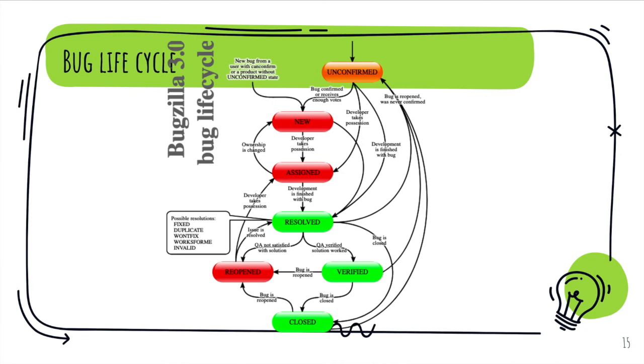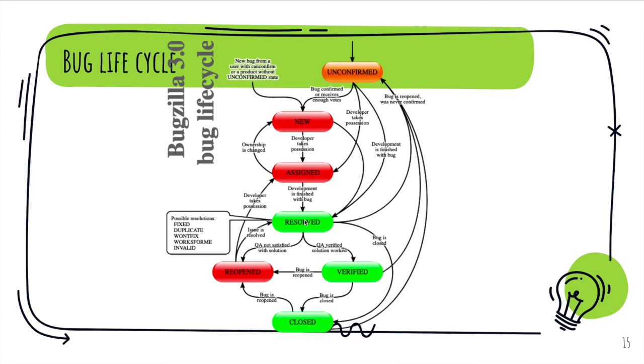Bug life cycle. So if we tested any functionality, say for example in login functionality, some of the test cases were failing, like the user was not able to log in with the correct username and correct password. So we will open a bug for that, and that bug will be unconfirmed first, so it will be a new bug. A developer will pick up this work, or maybe I can assign this, or any developer internally can assign themselves, and then they will go into the fixing process of the bug.